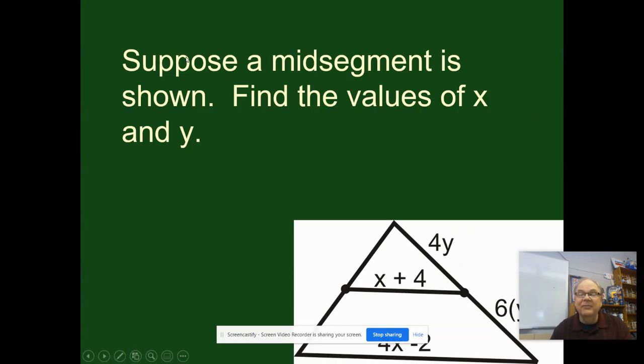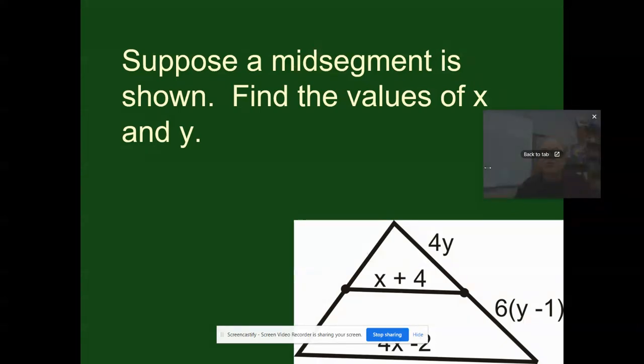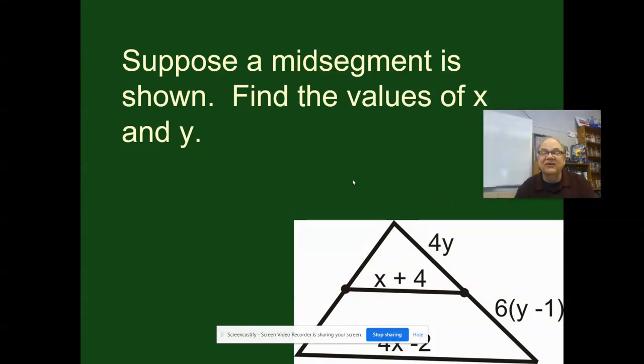So typical problems tend to look something like this one, where what it says is we know some measures and we're supposed to figure out x and y. And for example, if I know that it's a midsegment, then 4y would have to equal 6 times y minus 1.